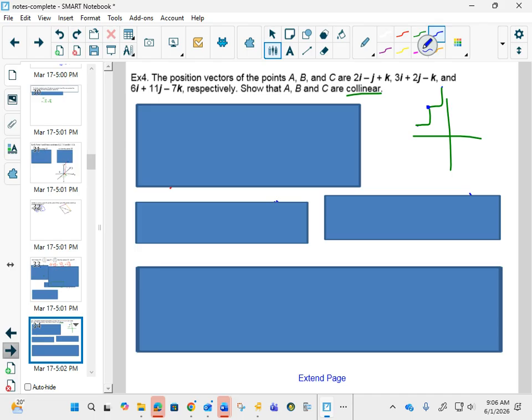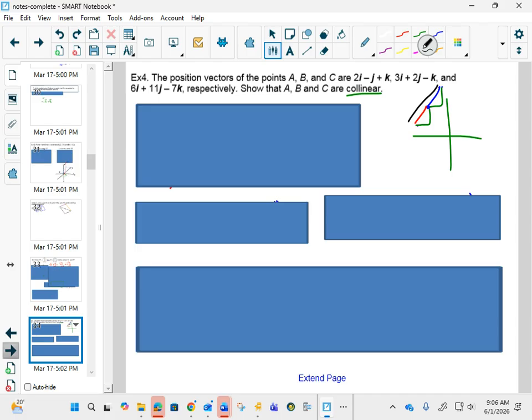Okay, great. You could use the slopes. Another way that you could, in 2 dimensions, figure out that those are in a straight line: if I figured out how far that was and how far that was, and it happened to be exactly the same as how far that was, they would have to be in a straight line.